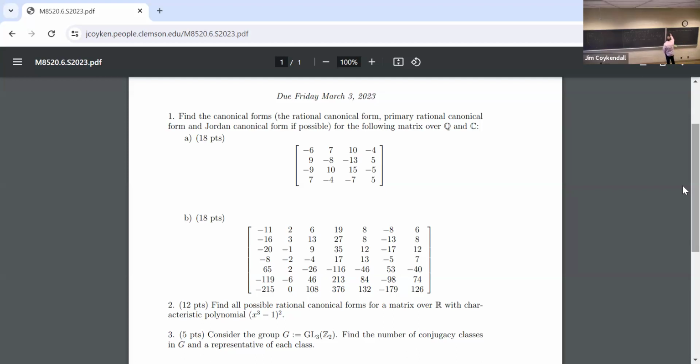Well, you can have two rational canonical form blocks, and that's the only way you can do that. And there's your identity, right? So this is one equivalence class. What's another way you can do it?